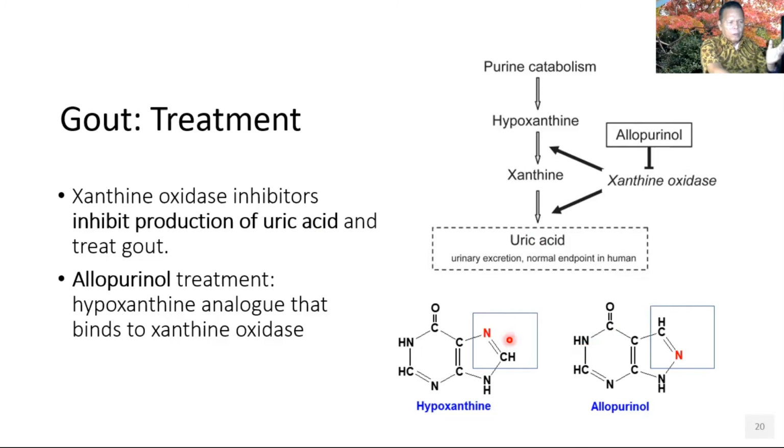This one is hypoxanthine, see this structure, and this one is allopurinol. So in allopurinol treatment, allopurinol will decrease the uric acid concentration.